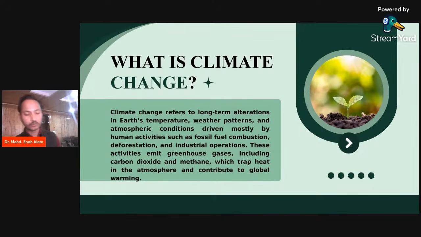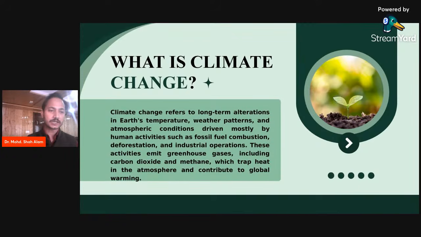First, we will know what is climate change. Let us first understand what is climate change. Climate change refers to the long-term alteration in the Earth atmosphere, weather pattern and atmospheric condition driven mostly by human activities such as fossil fuel combustion, deforestation and industrial operation. These activities emit carbon dioxide and methane which trap the heat in the atmosphere and contribute to global warming.